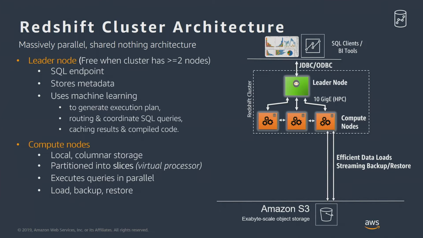So if we need to move rows back and forth between the compute nodes and the leader, we can do it very, very quickly over that network. And then the connection to S3 for a couple of purposes. One, we talked about Redshift Spectrum and expanding your cluster to petabyte and exabyte scale, but also for real-time streaming backups. So Redshift is monitoring your traffic patterns, and in the background, it's snapshotting your data out to S3 automatically for you.